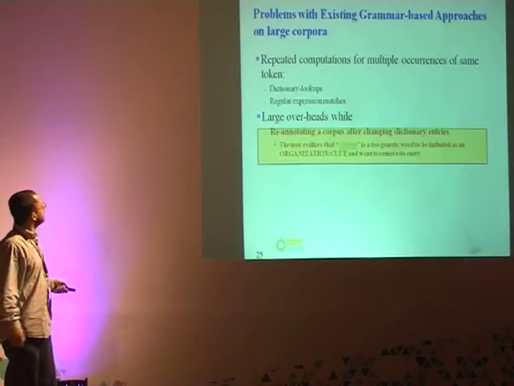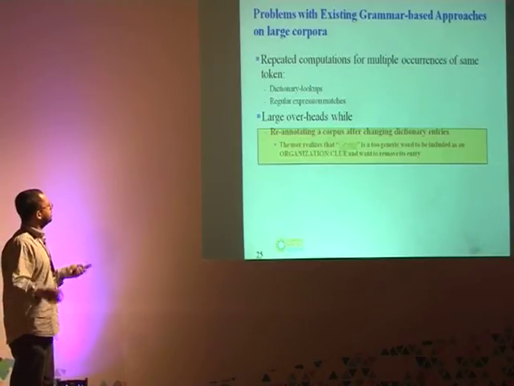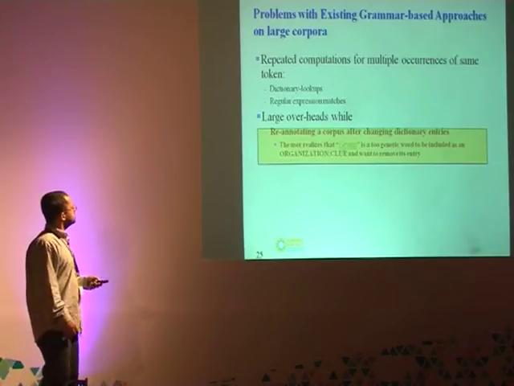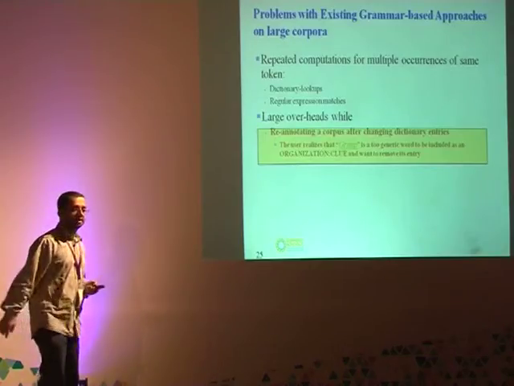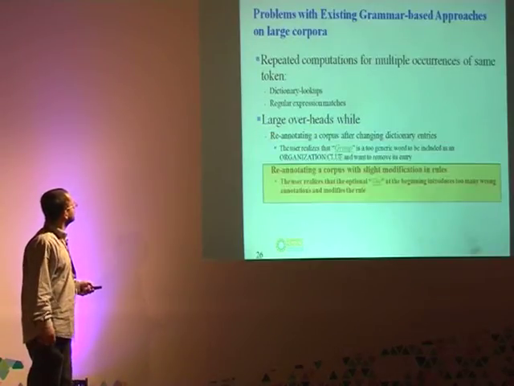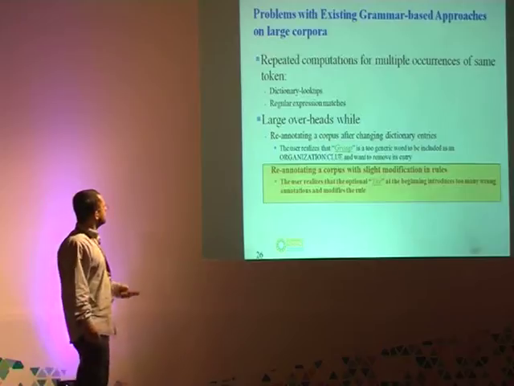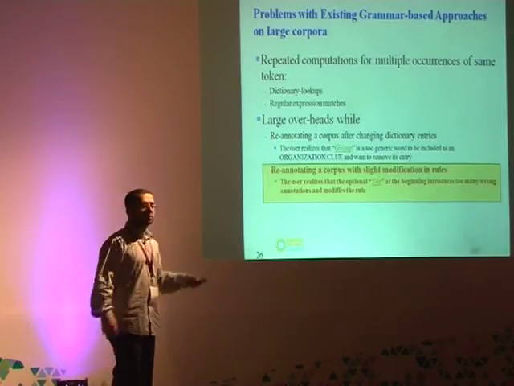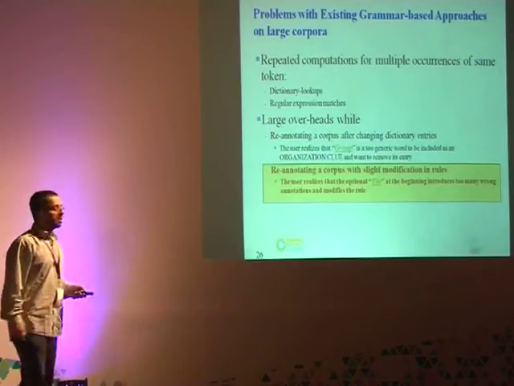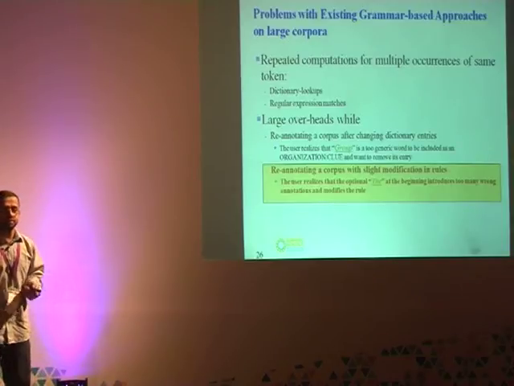So here's an example. The user realizes that group is too generic to be included as an organization clue and wants to remove its entry. Or let's say the user realizes that the at the beginning of that rule introduces too many wrong annotations and he wants to modify the rule.